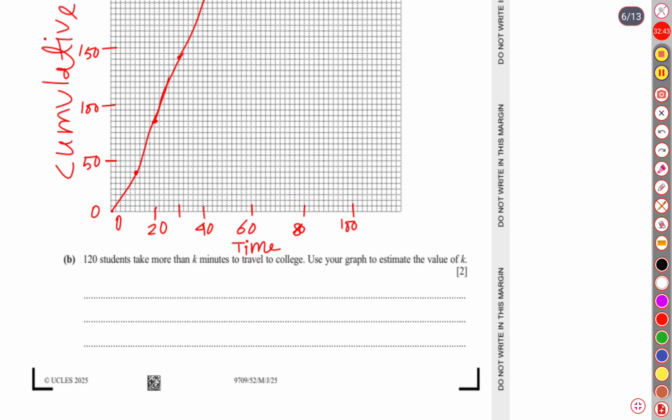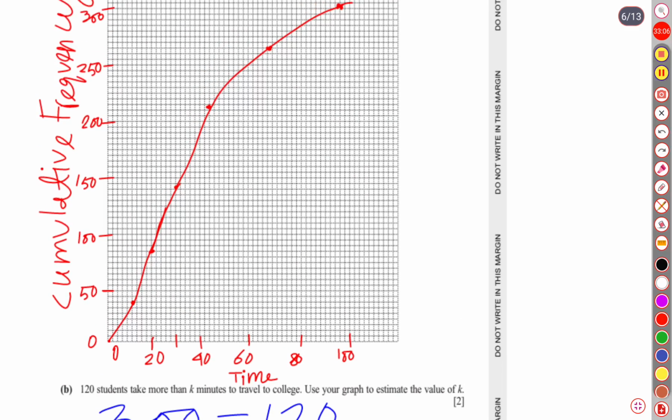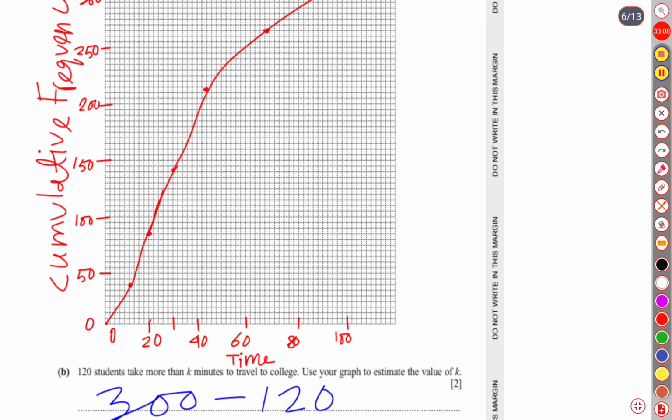So let us see how many students take less than k minutes. The total number of students is 300. 300 minus 120 equals 180 students. So 180 students have taken less than k minutes. So let us find where 180 coincides. Let us say it is maybe 150.